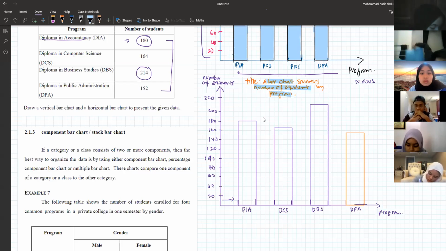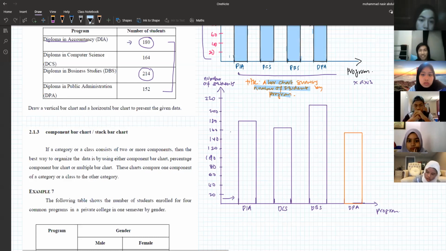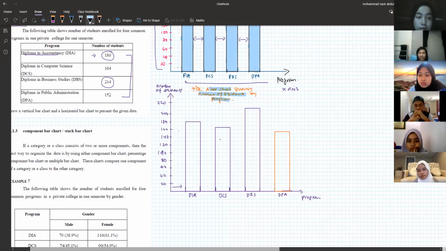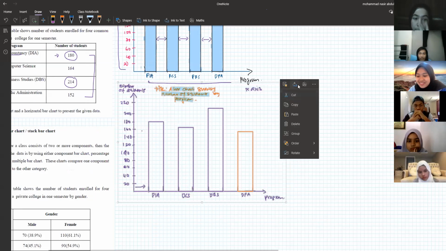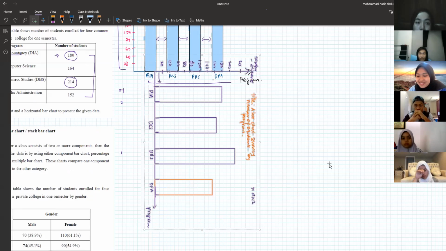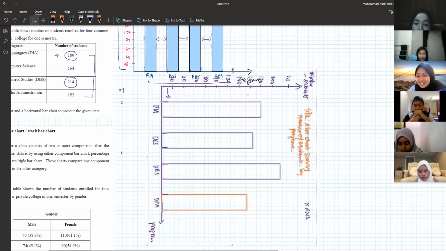So this is what we call a vertical bar chart. If you want to draw a horizontal bar chart, just flip this bar 90 degrees. So it will become like this, for example.